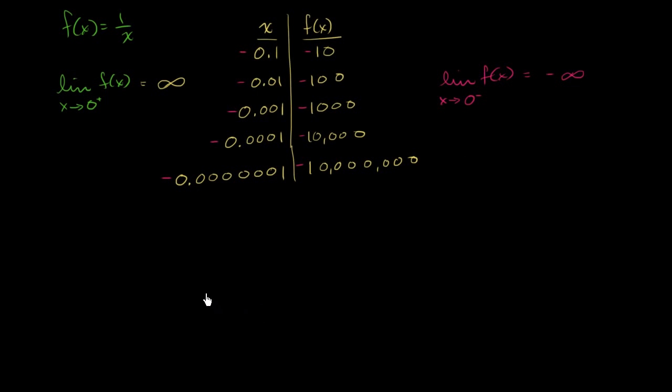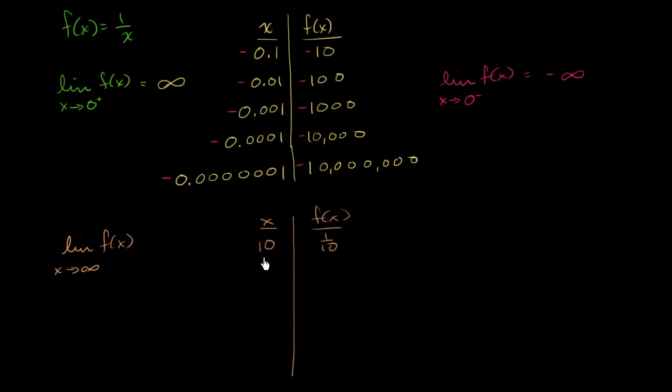Now let's think about a limit as x approaches either positive or negative infinity. So let's now think about the limit of f of x as x approaches infinity. One way to set up this table, we can do a similar thing, x and f of x. So if x is 10, then f of x is 1 over 10.